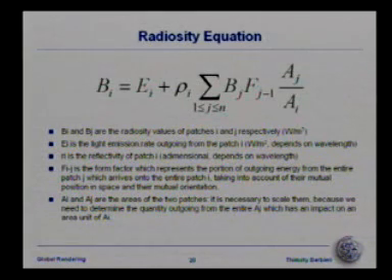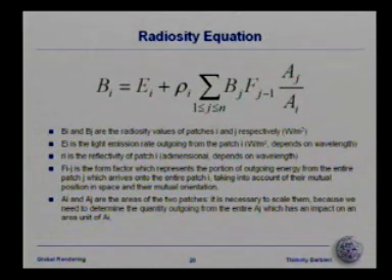You go to 1 for this patch over here, which has a lot of contribution, so this B_j is transferring completely, modulated, of course, by reflectivity, because there will be an absorption given by the material.